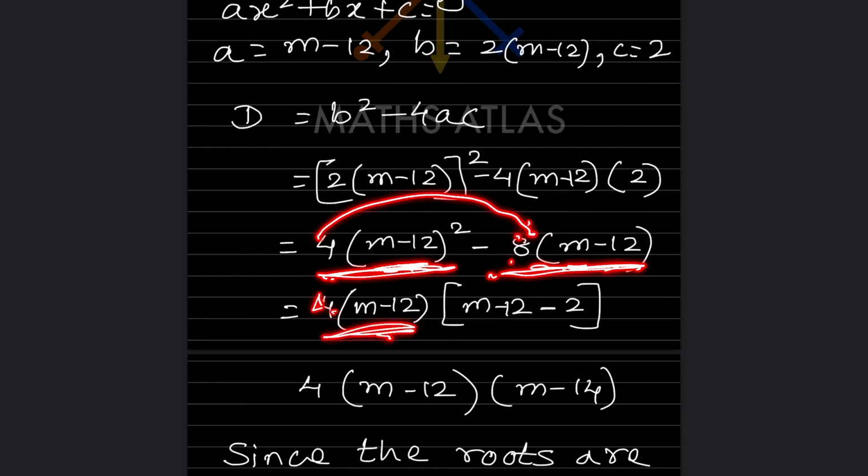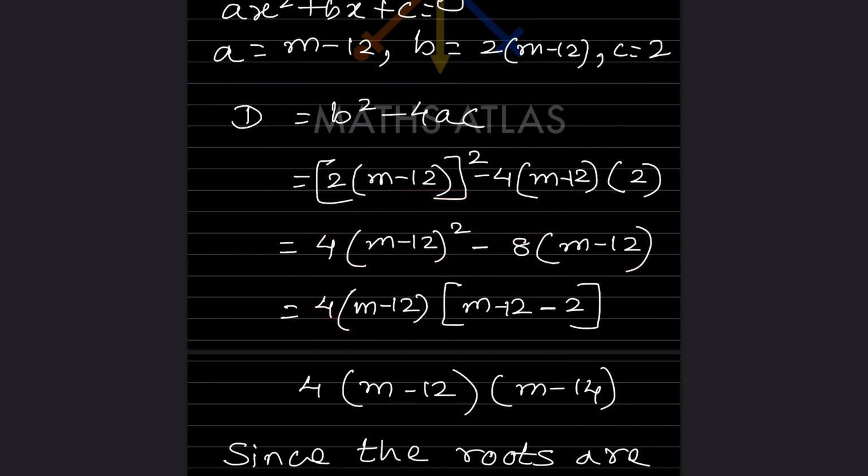So what remains is, from this one, (m minus 2) is here. This is the minus sign. And again here, (m minus 2), from here 1 minus 1. So this (m minus 2) is for this one because this is 1.